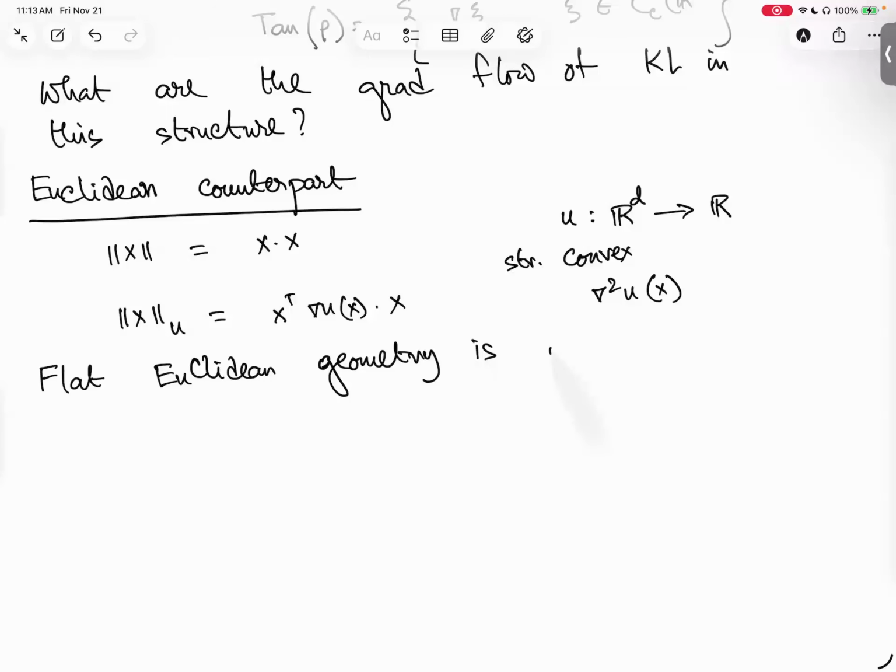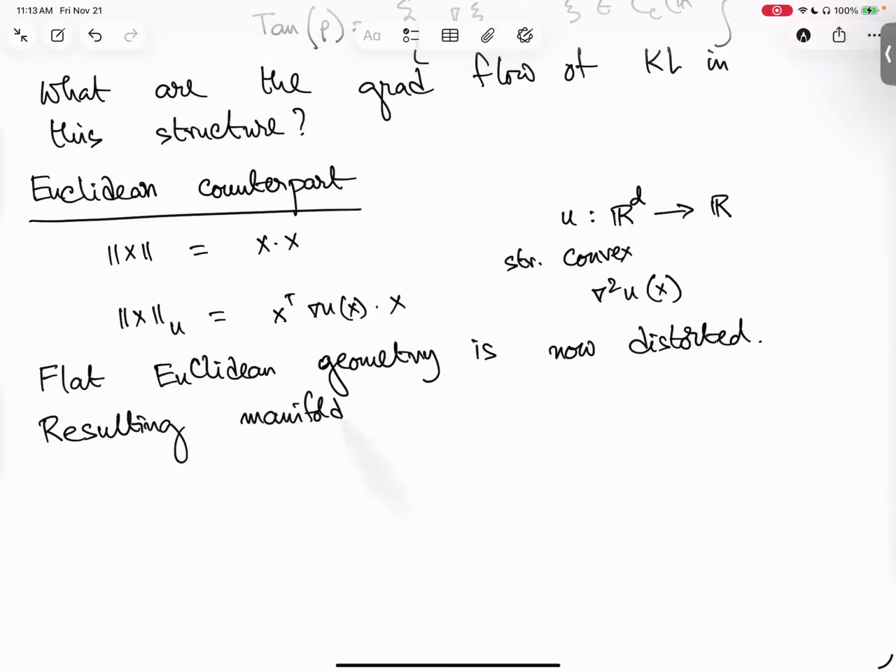And the resulting manifold is called the Hessian manifold.